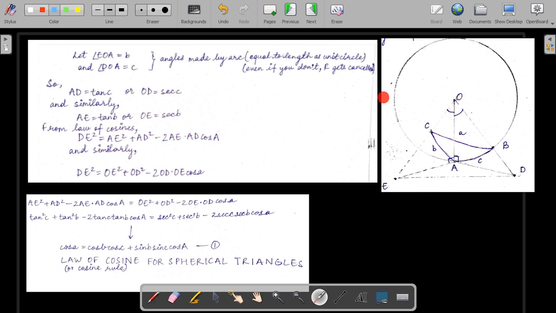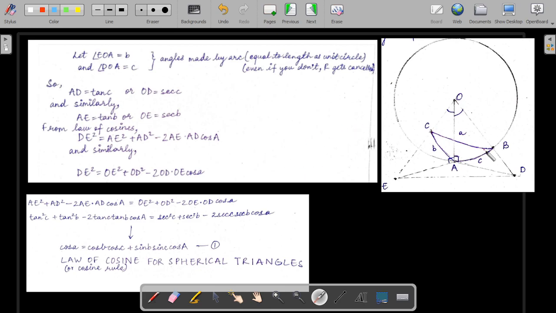But if you don't use a unit sphere, you would still end up with the same results, so it's really nothing to worry about. So I wrote OD as secant of C. Similarly, you can write AE as tangent of B, and OE as secant of B.